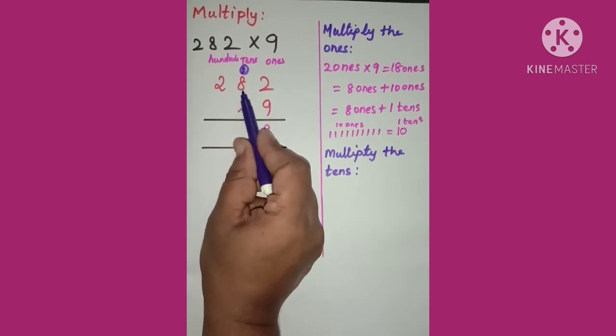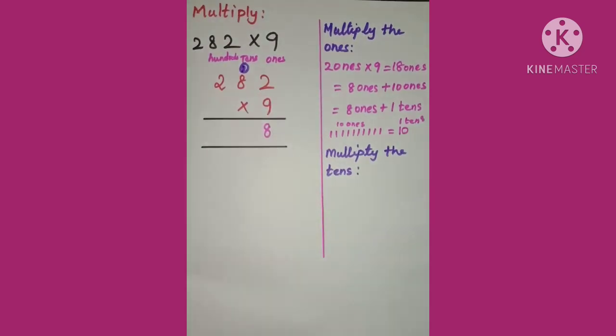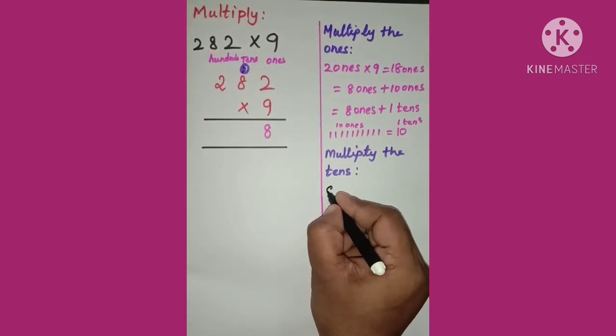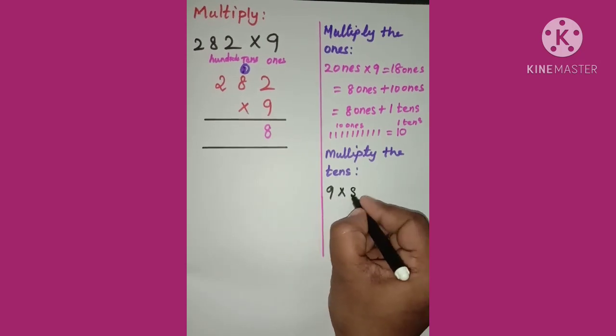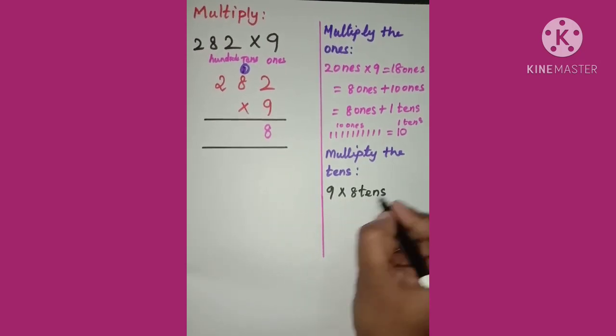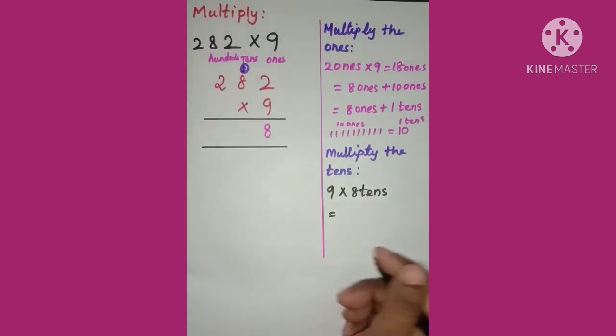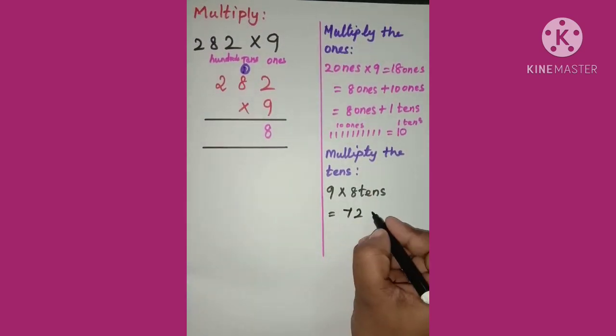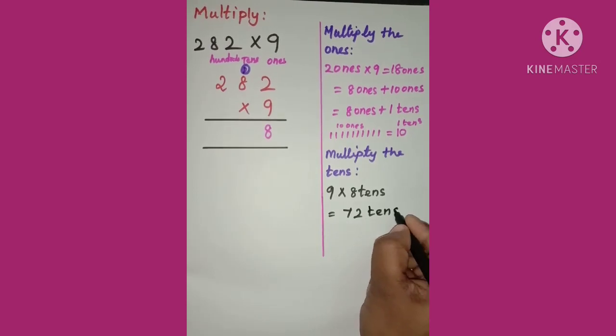So, 9 into 8 tens, which is 9 8s are 72 tens.